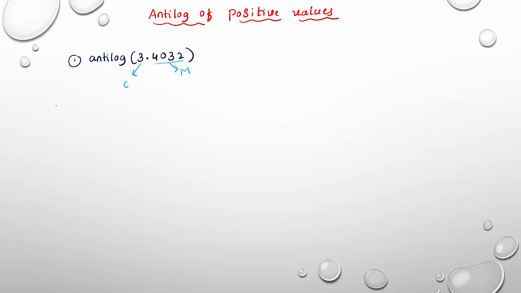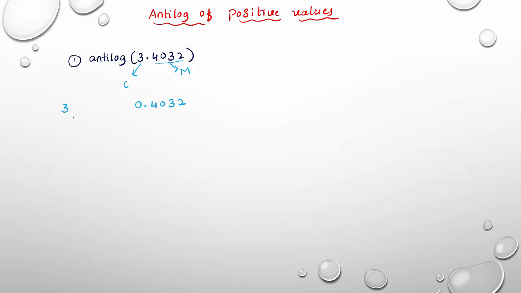So the first part is the number 3, the characteristic, the number before the decimal point, and the remaining is the mantissa, 0.4032. So I divided the given number into two parts, 3 and 0.4032. This is the characteristic and this is the mantissa.